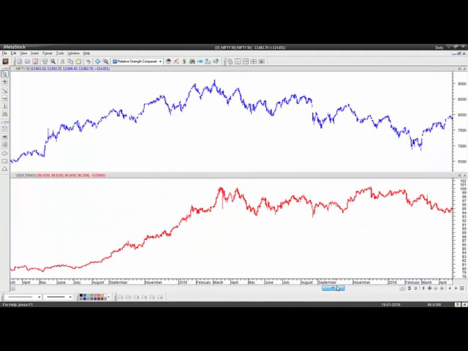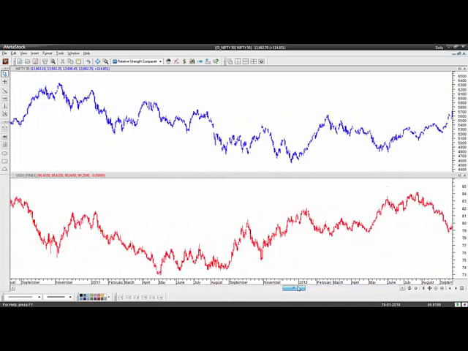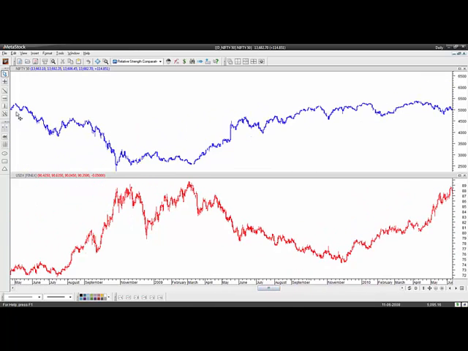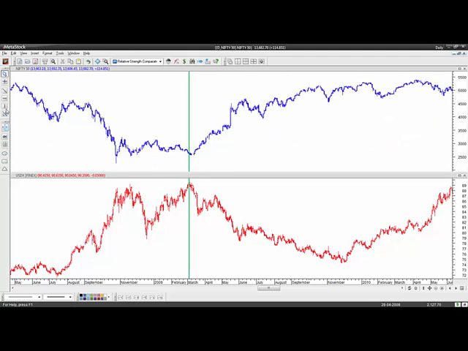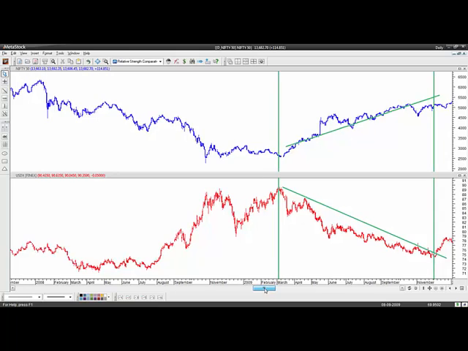A similar move happened in March 2009 to end of 2010. A very clear defined move, a clear downtrend and a clear uptrend on the Nifty and on equities across the world.